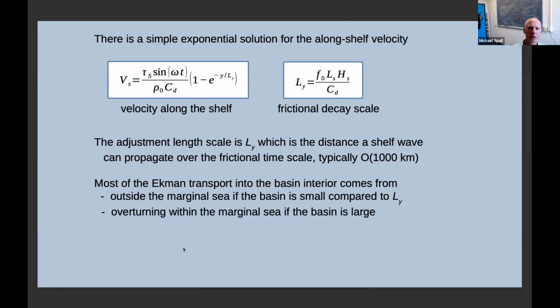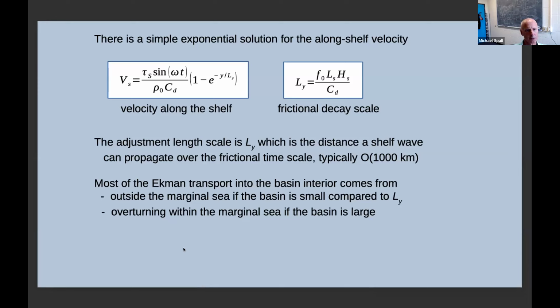It develops on this length scale, which you can interpret as the distance a shelf wave would propagate over the damping time scale. So F times L is roughly the shelf wave speed, and H over CD is the damping time scale. Now I've ignored that interior transport because on the shelf, H is very small and that transport is unimportant, and most of the transport's in the bottom Ekman layer.